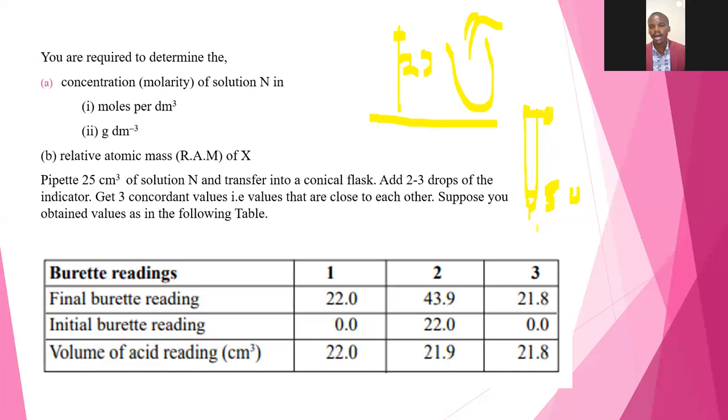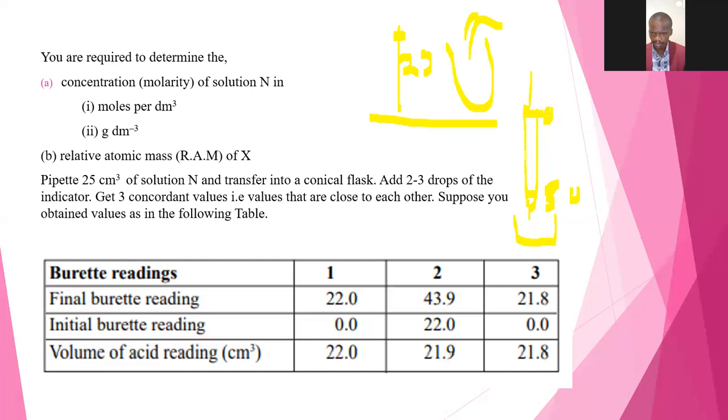I titrated, because there is the conical flask with solution N. Then you fill the burette with solution M, which is hydrochloric acid.